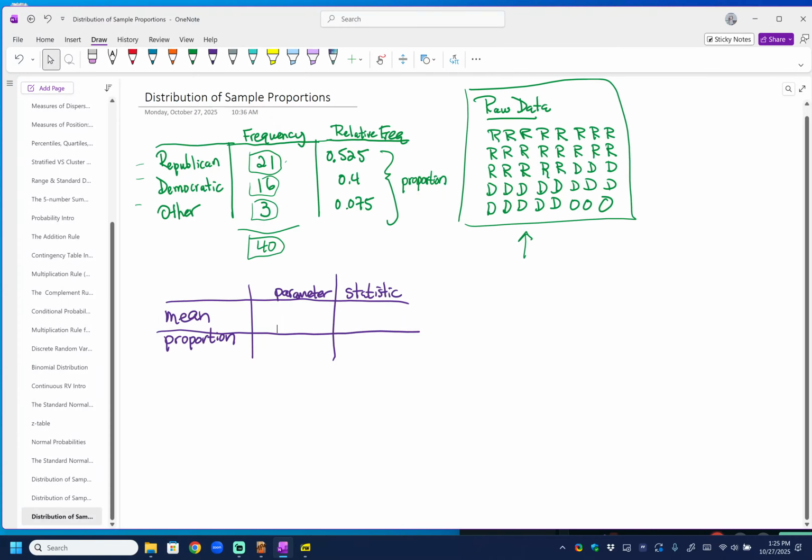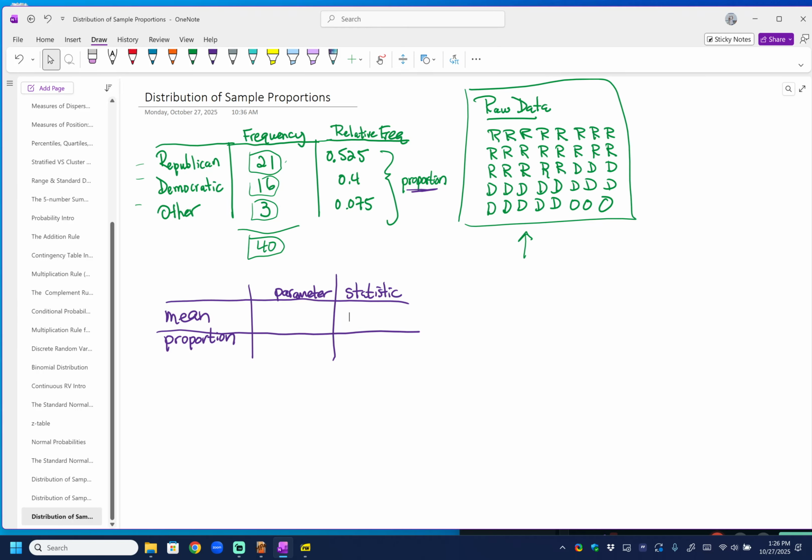So while means are our main way of managing and dealing with quantitative data, proportions are now going to be the way of dealing with qualitative data. They're each going to have their own distributions. If you recall, for means, we needed two different variables. Why?